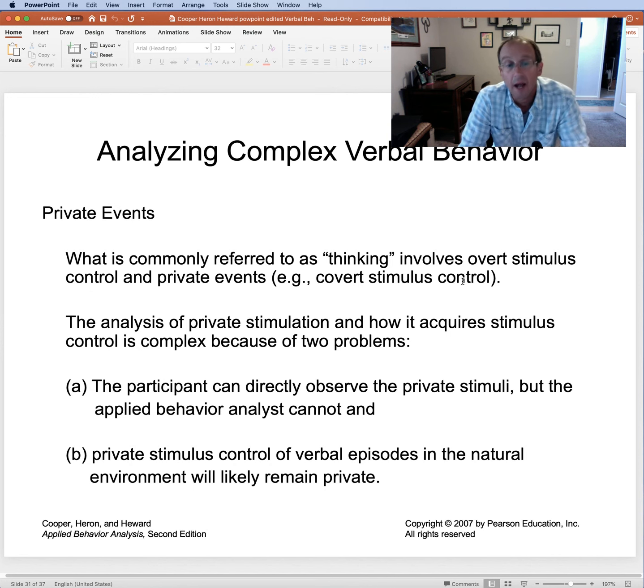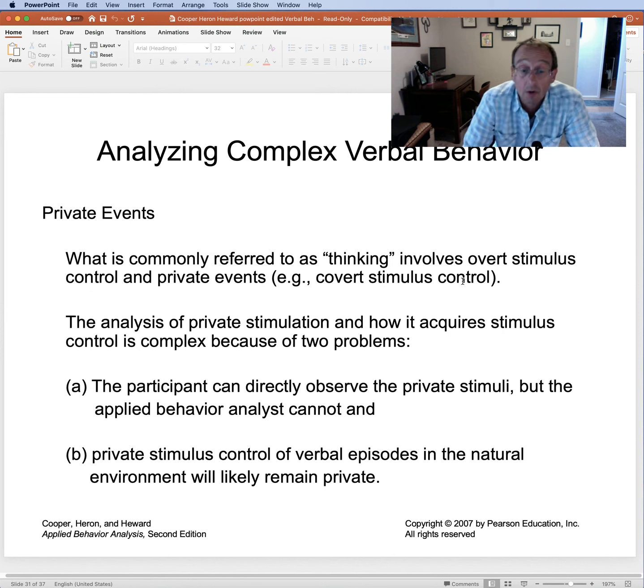All right, so the analysis of private stimulation and how it acquires stimulus control is complex because of two problems, right? One, the participant can directly observe the private stimulus, but the applied behavior analyst can't. All right, so this is stuff that happens inside the body, and we can't see it, count it, but we can measure it sometimes in indirect ways.